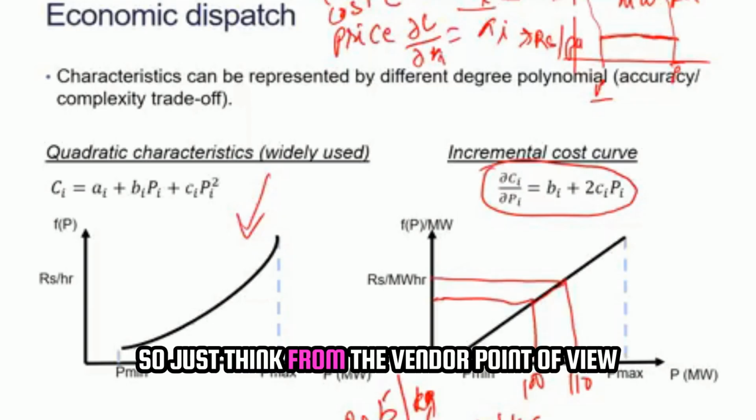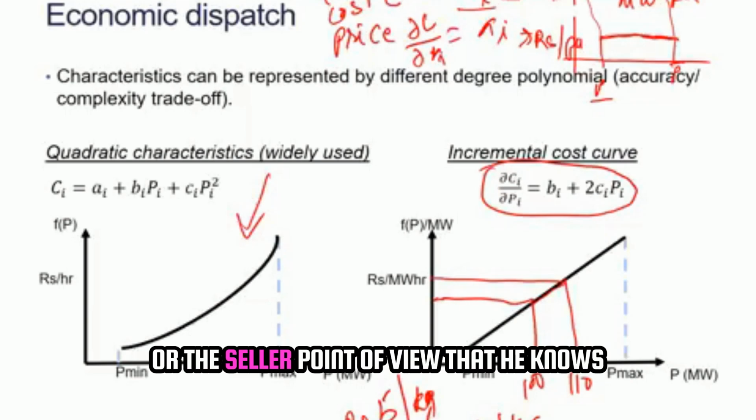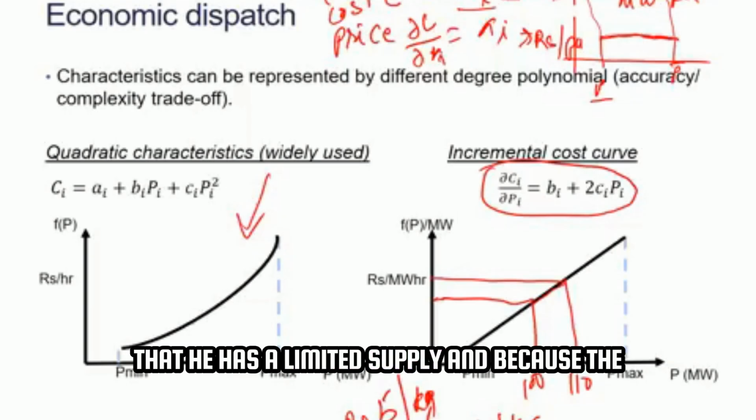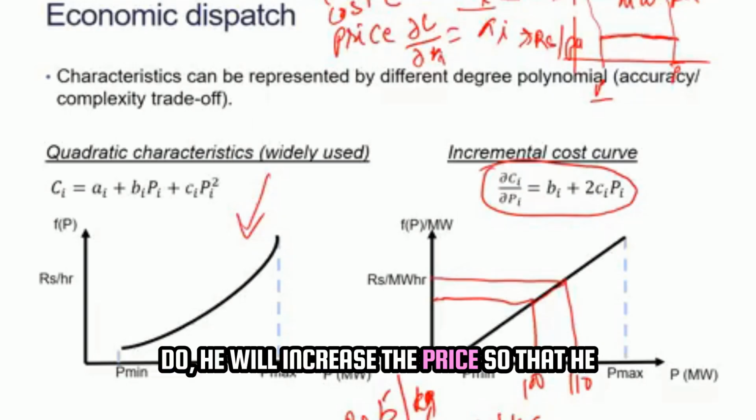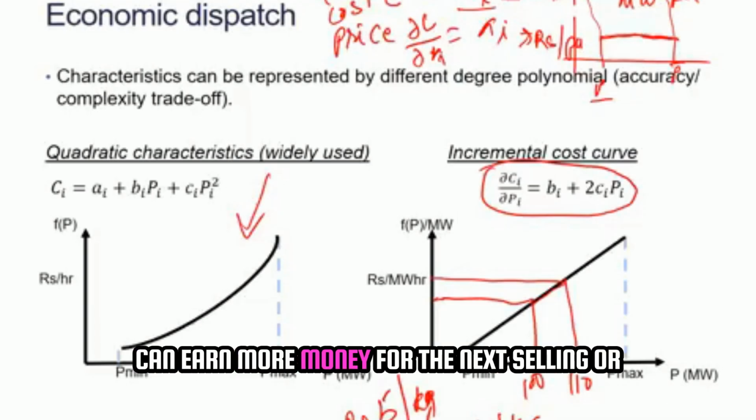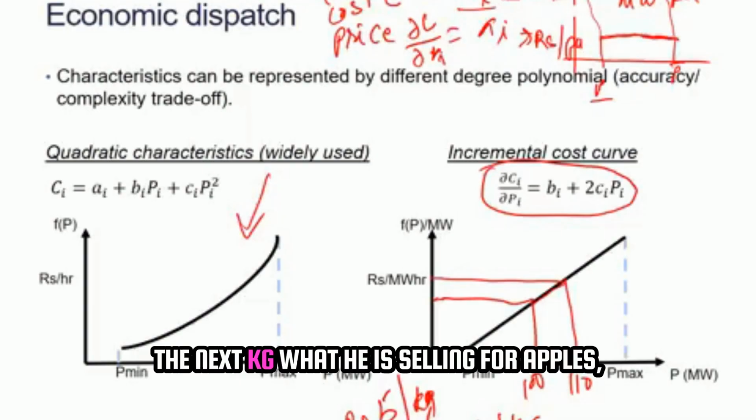Just think from the vendor's or seller's point of view: he has a limited supply, and because the demand is also increasing, he will increase the price so that he can earn more money for the next kg of apples he is selling, right?